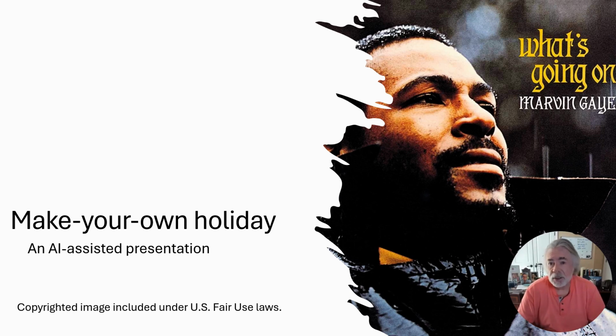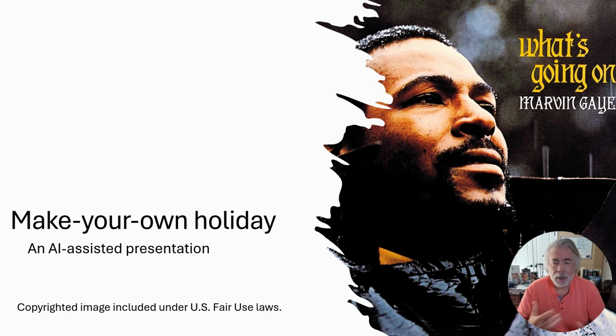This one is you're going to use AI to create a holiday that doesn't currently exist, and then you're going to tell the audience about it. You're going to do all of the other things that are required for a presentation. You're going to do additional research. I'm going to walk you through one example here in this lesson. So you can choose one or the other.